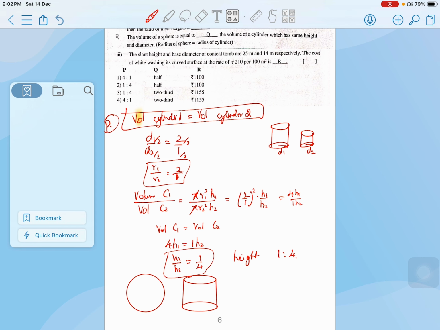That means if the diameter of this one you take as d, this also d, height also will be d.